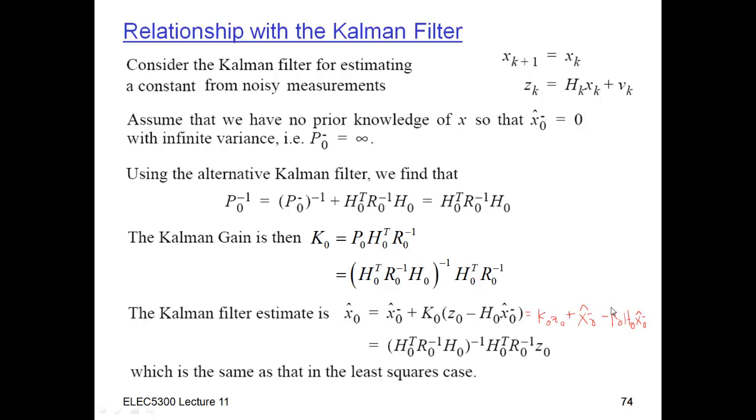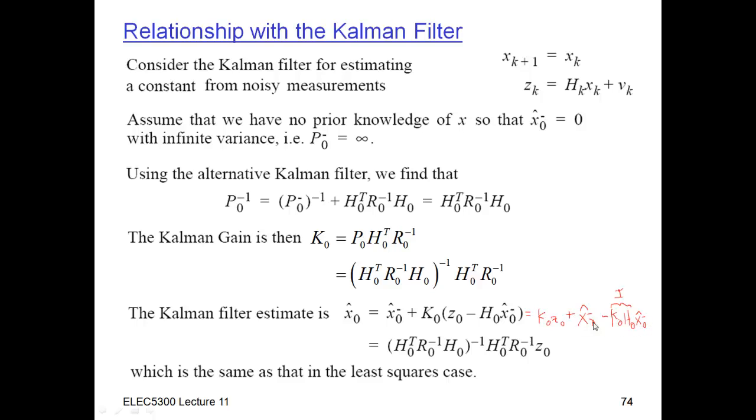But this thing here is just the identity matrix. If I take this K0 here and multiply by H0, you can see I'm going to get exactly the same thing here and here, and that inverse is going to give me the identity matrix. So then I just get x0 minus x0.